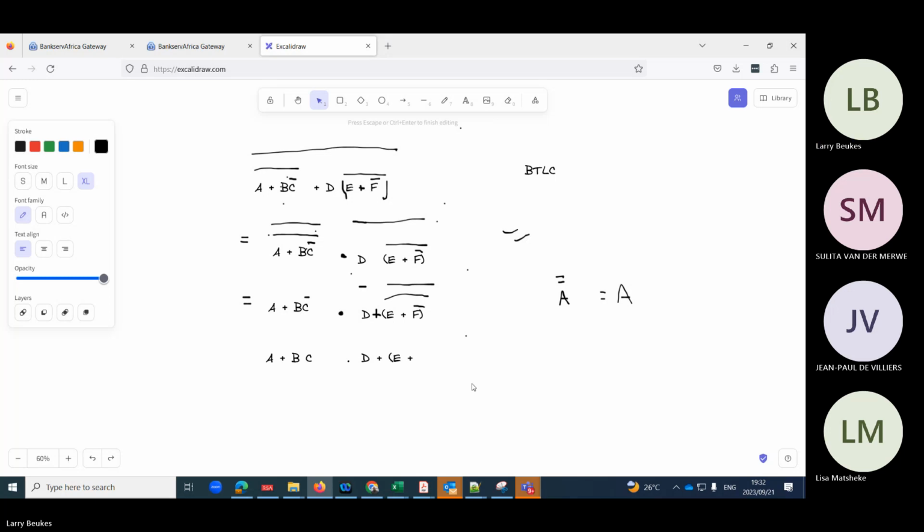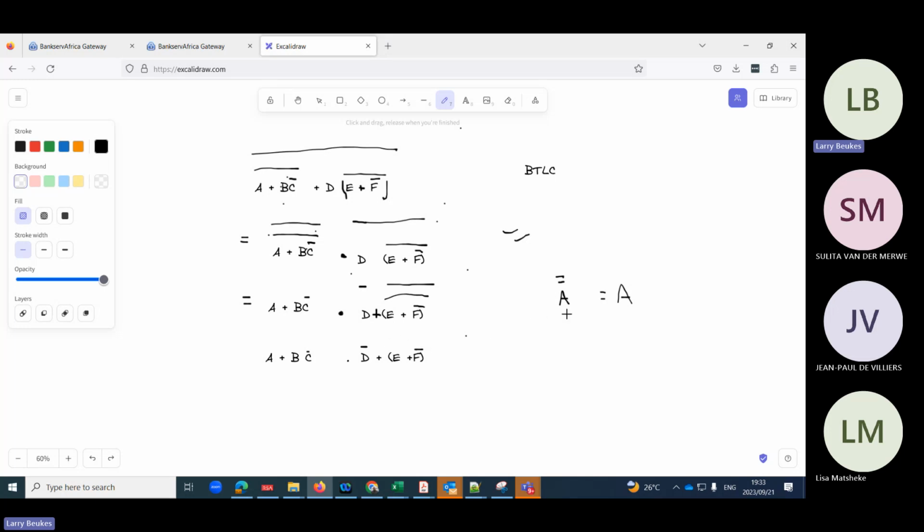E plus F. Okay, let's just put our complements now. We know F is still complemented. We know C is complemented. We know D is now complemented. D is complemented. So this and this, they cancel each other, right? So now this will be our answer here.